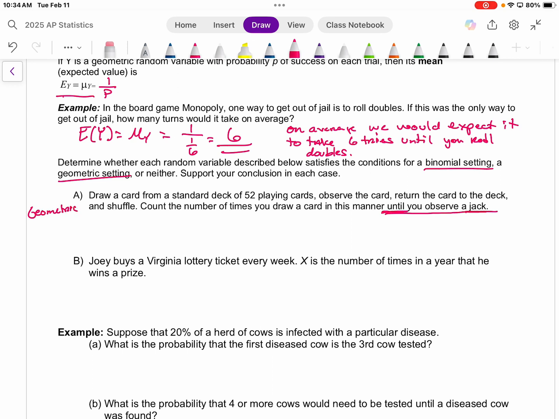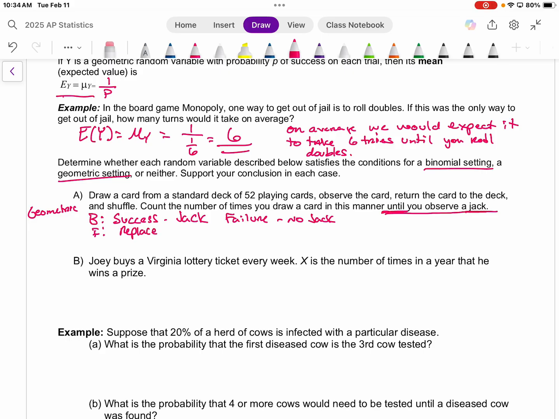Now, what supports my case? Binary. My success. Remember, we have to explain this. I see a jack. Jack has a C in it. Jack. And then my failure, no jack. Independent.